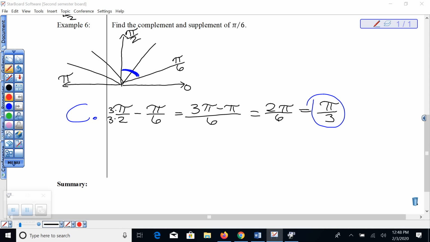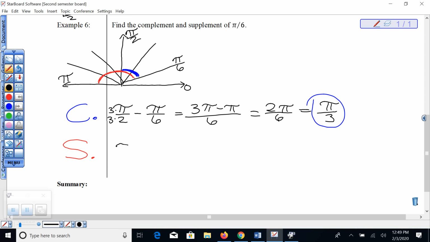Let's go to the supplement. Supplementary angles we know add up to pi. We've already got the picture up here. So now what I'm looking for is this measure. And you could probably count it out and see it right now if you're counting in pi over 6.